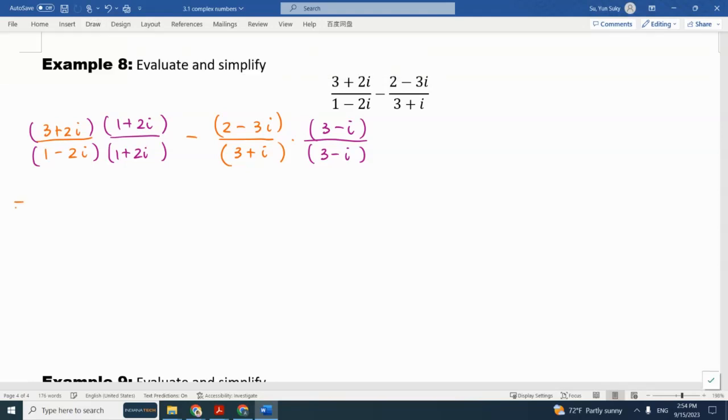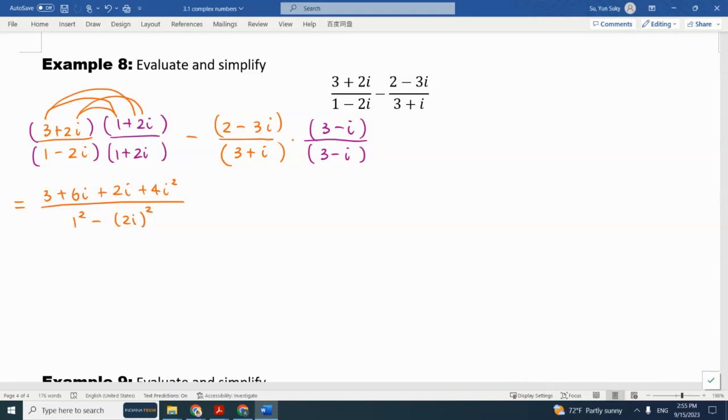Look at the first one. Denise, let's distribute. What's 3 times 1? 3 times 2i. 2i times 1. 2i times 2i. Yes. And next, Natalie, what is your denominator? Yes.